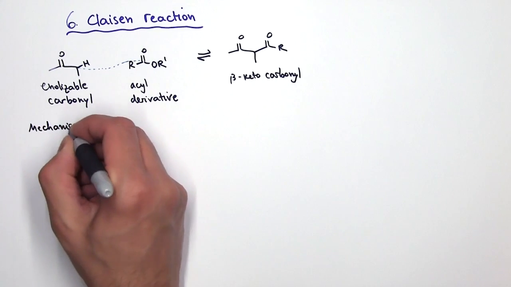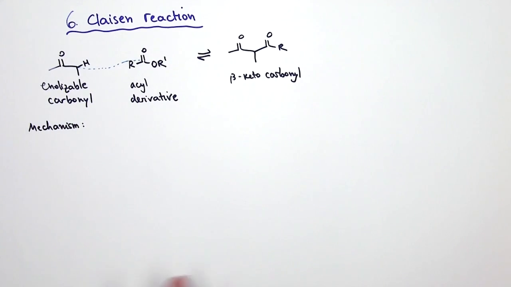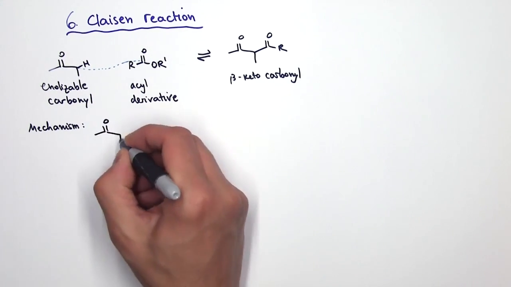Let's look at the mechanism. As with all carbonyl reactions, when we form a carbon-carbon bond, we need to form an enolate. So this is the first step.